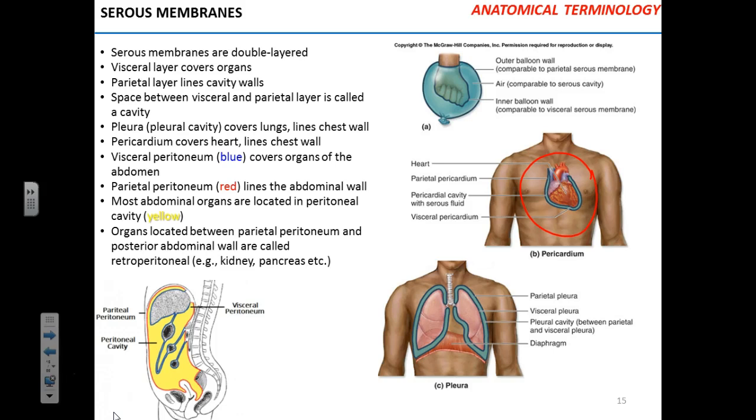Now, interesting thing about this serous membrane, and about many others, is that you can technically say, okay, we have the pericardium, the layer that lines the organ, and the layer that lines the cavity.